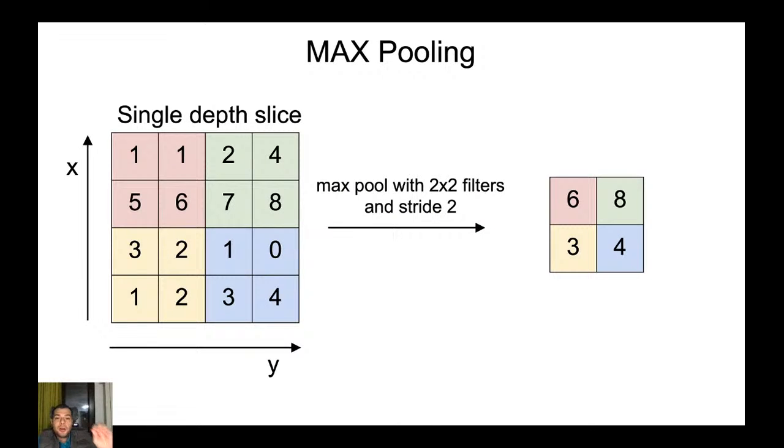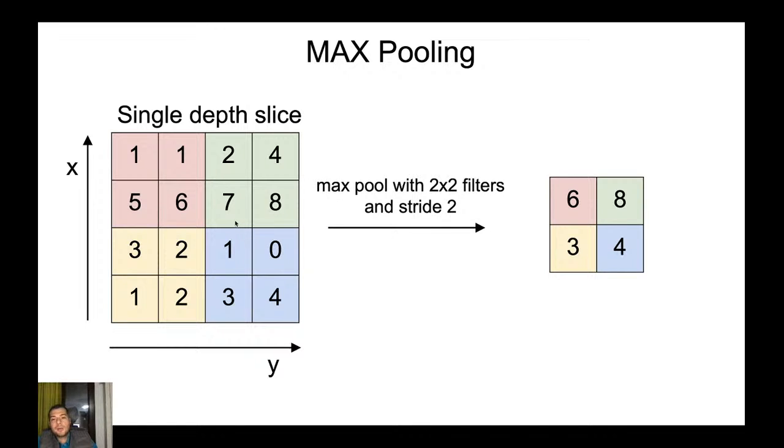This is applied on each activation map, and as I said, the number of activation maps is the same, just their size is decreased. For example, in this case, we decrease it 2 times on each axis, if we use filters of 2x2 and a stride of 2.